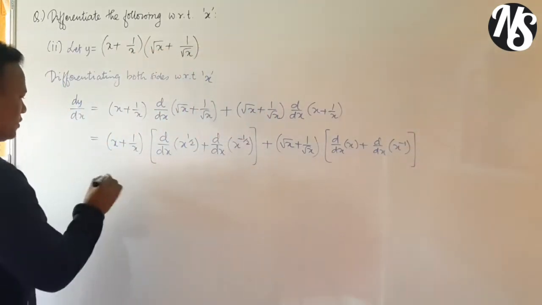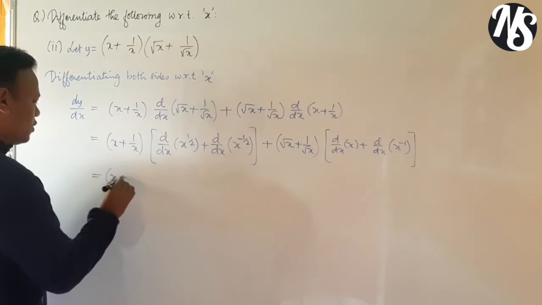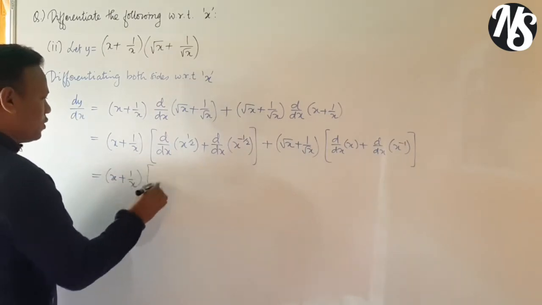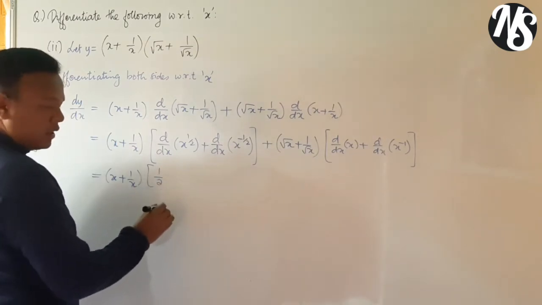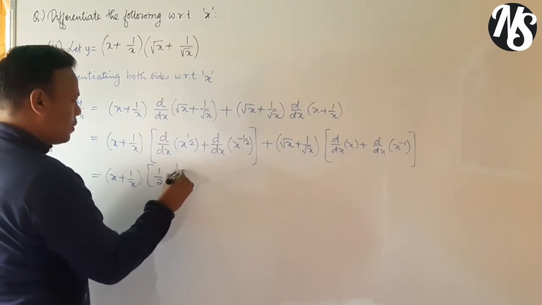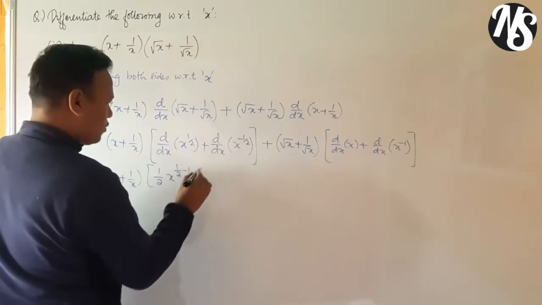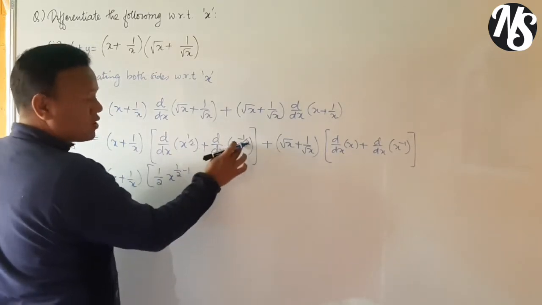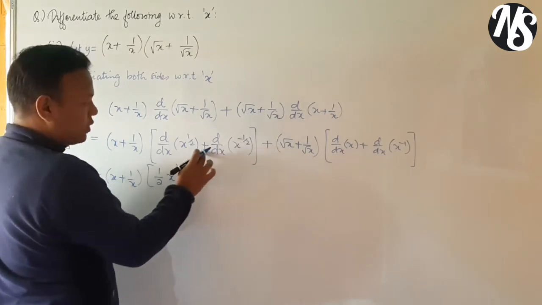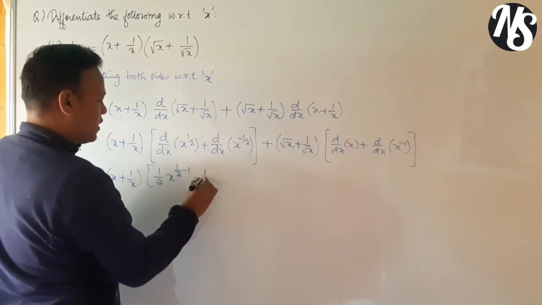Okay, now let's simplify. So we have x plus 1 by x here. So differentiation of x to the power half will be n into x to the power n minus 1. Same thing goes here. So n, that is this, comes front because of minus half, isn't it? So plus into minus half is minus half.